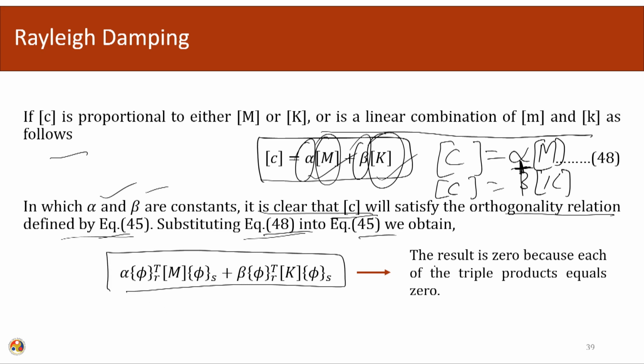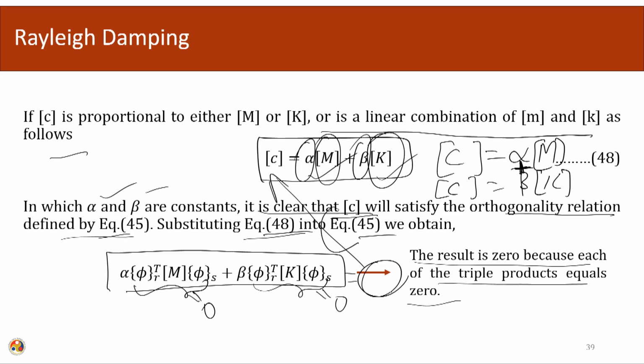The result is 0 because each of the triple products equals 0. This one is 0 due to orthogonality, this one is 0 due to orthogonality. So, in turn everything will be equal to 0, and C is going to satisfy the orthogonality criteria as well.